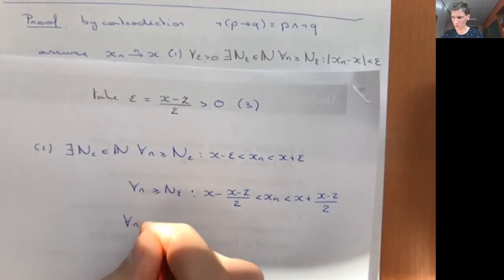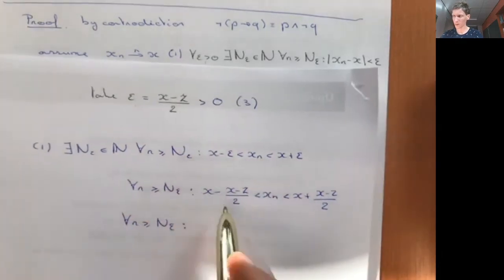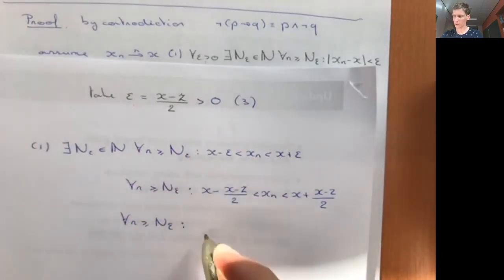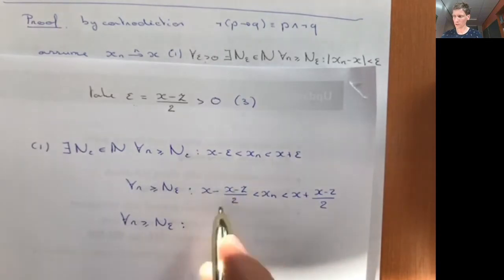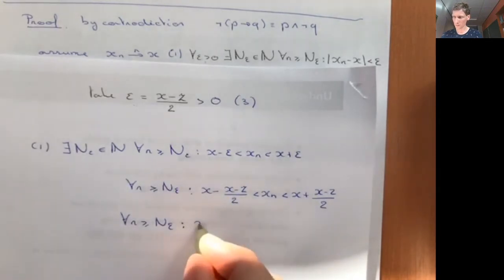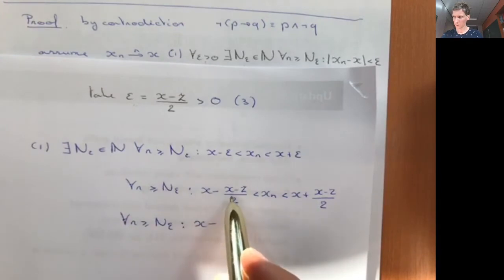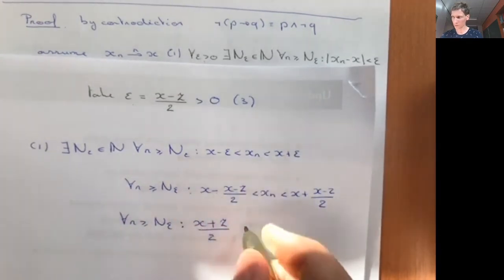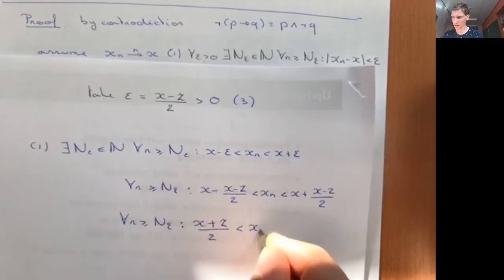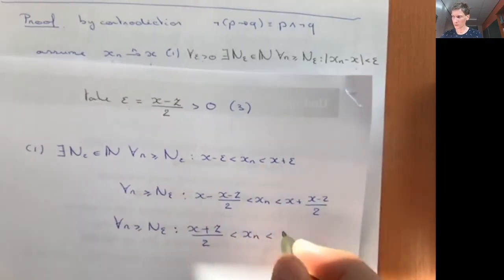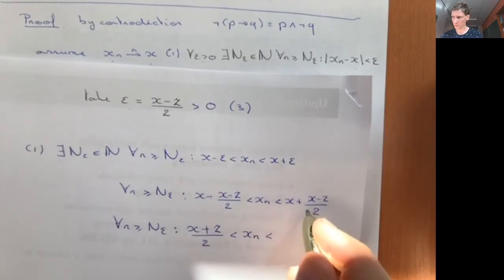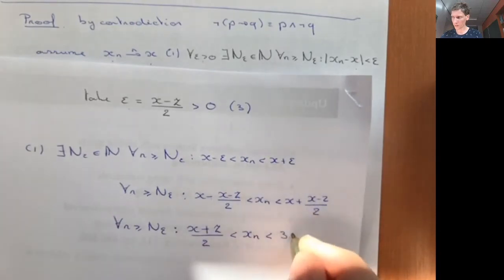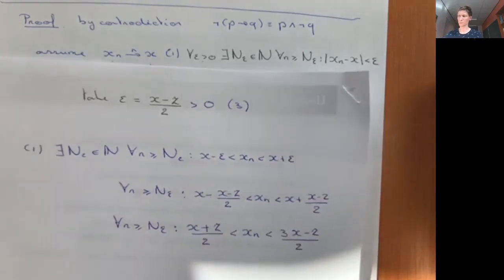So for all n greater or equal to N_epsilon, let's bring this to a common denominator. So we have 2x minus x, which is x, and then we have minus z, so this is plus z over 2 is smaller than x_n is smaller than, so here we have 2x plus x, so this is (3x minus z) over 2.